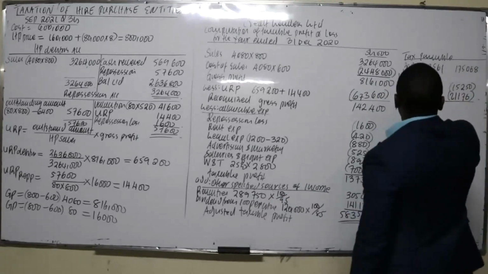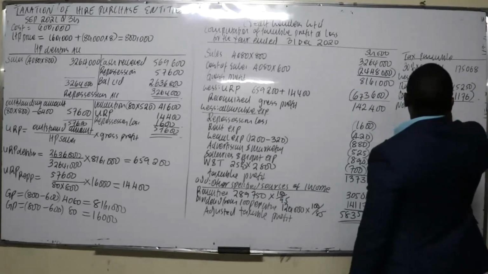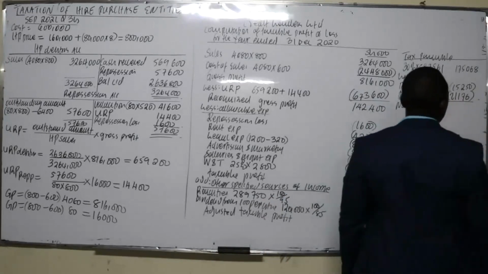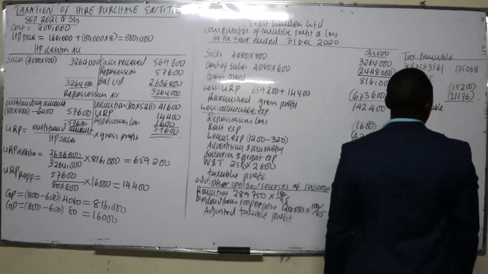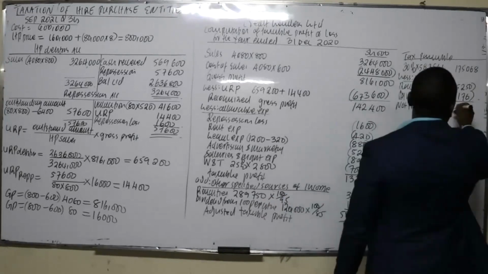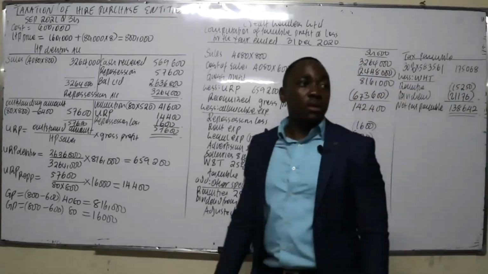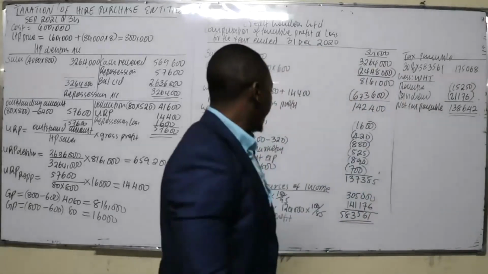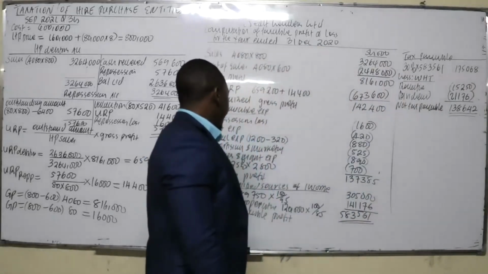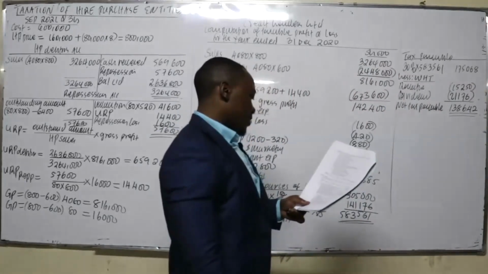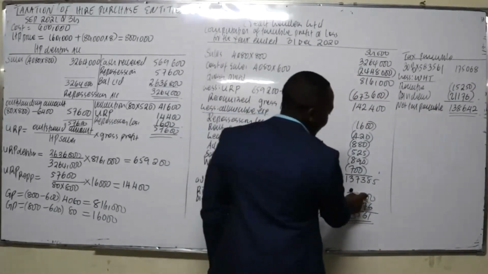So net tax payable will be an amount of 175,068 minus 36,426. Actually, I had added something that was not supposed to be there. It should be just 305,000, right?